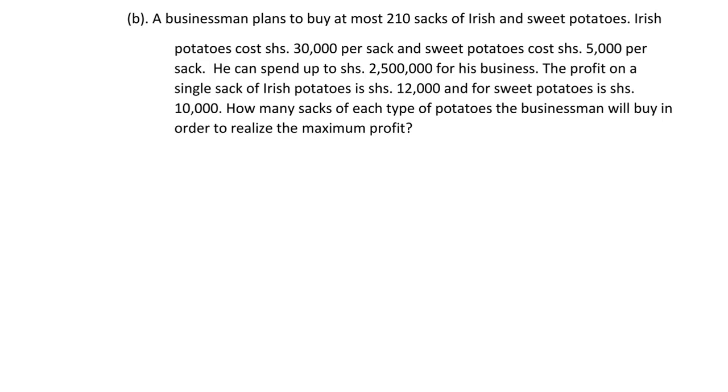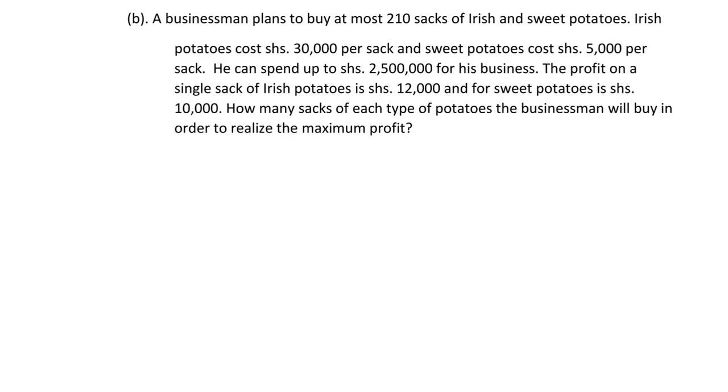He can spend up to shillings 2.5 million for his business. The profit on a single sack of Irish potatoes is shillings 12,000, and for the sweet potatoes is shillings 10,000. How many sacks of each type of potatoes will the businessman buy in order to realize the maximum profit?